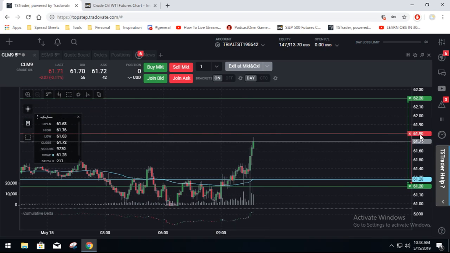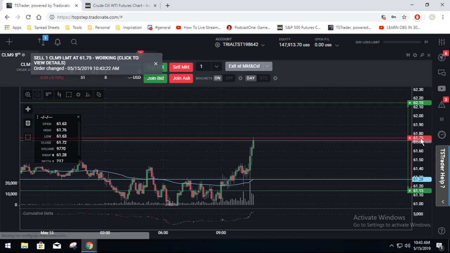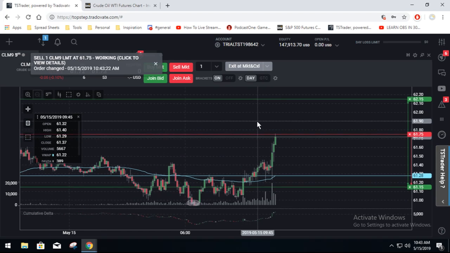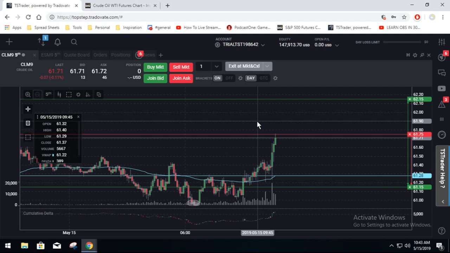Looking to aggressively enter at 75, within my range of entry. Have one contract running, so I'll have one live trade on.